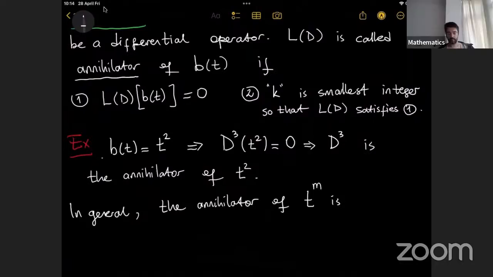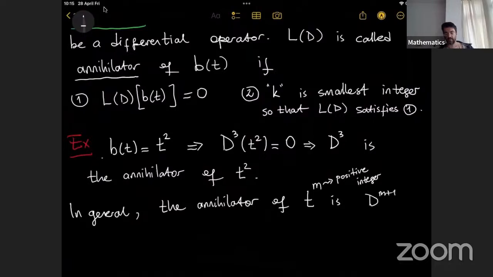Here m is a positive integer. D to the m plus 1, right?